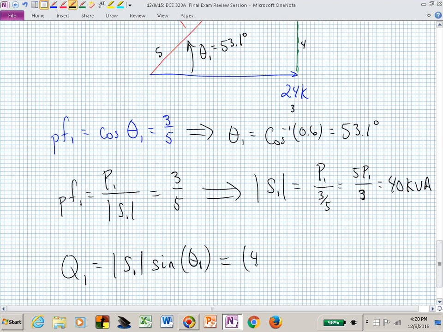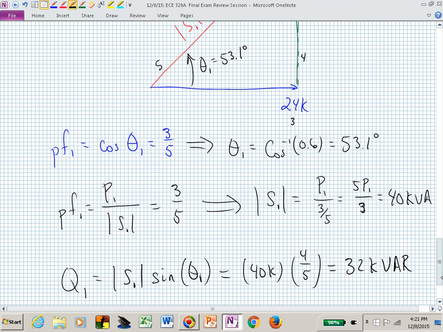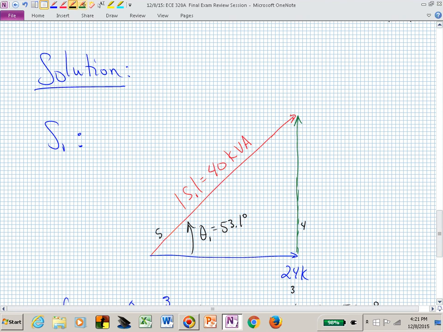We now have 40K times 4/5, or 8 times 4K, or 32,000 VARs. And we can now label this one Q sub 1. Again, this represents all phases of Q1, A, B, and C phase. This is now 32 kilovars.